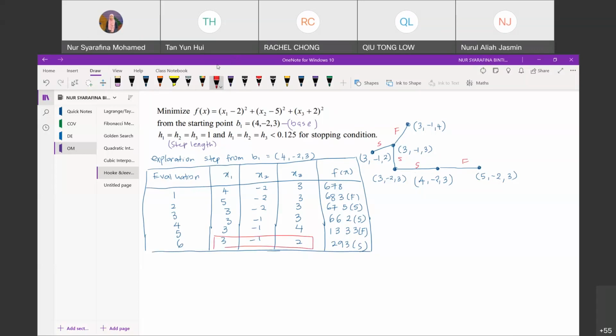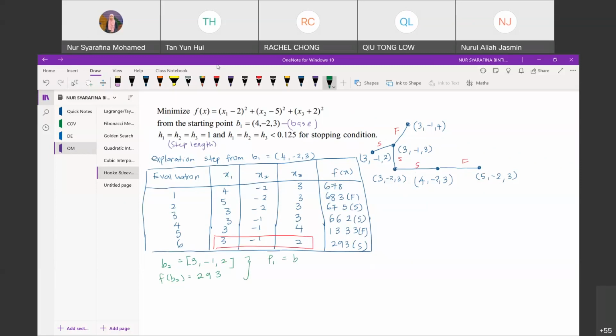So you can say that your B2 now is (3, -1, 2), FB2 equals 293. From this base, you need to move pattern-wise, so you have to make a pattern move.